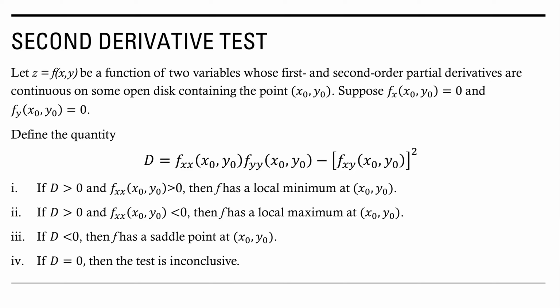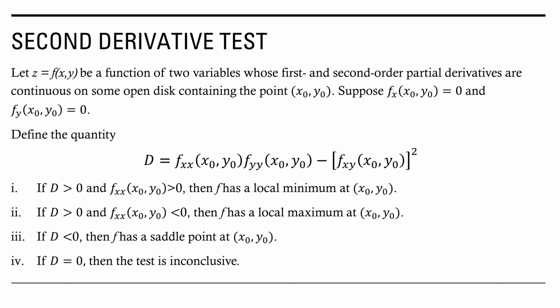So now that we know how to find critical points, as we saw in the first part of this video, we're ready to test those critical points to determine whether there is local extrema at those points. So the second derivative test is the tool that we use. There is no analogous first derivative test in multivariable calculus.